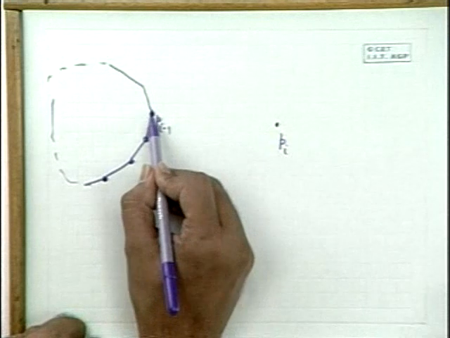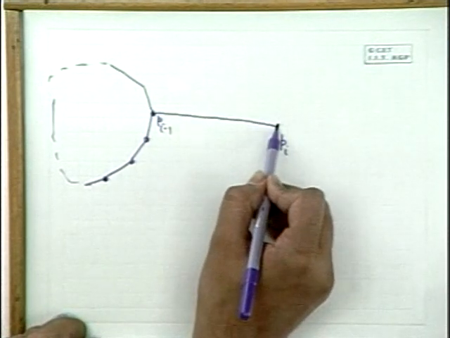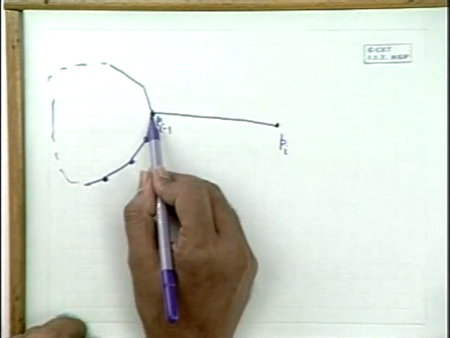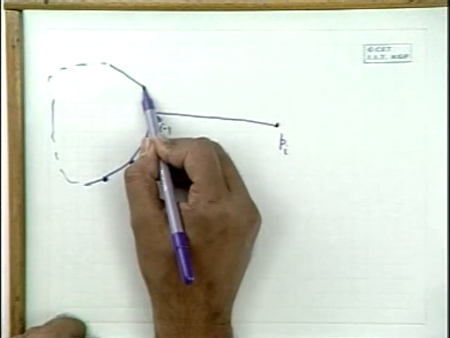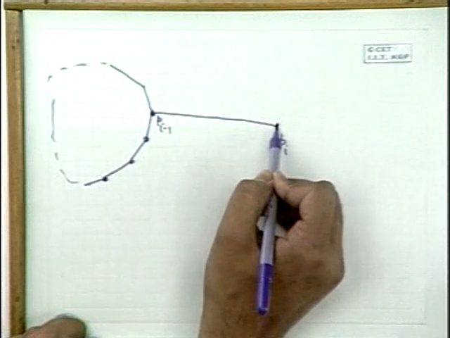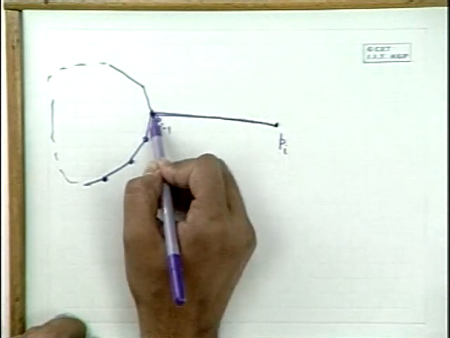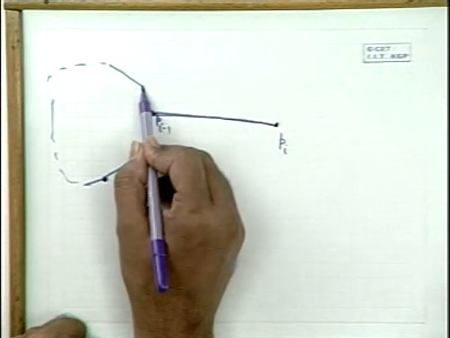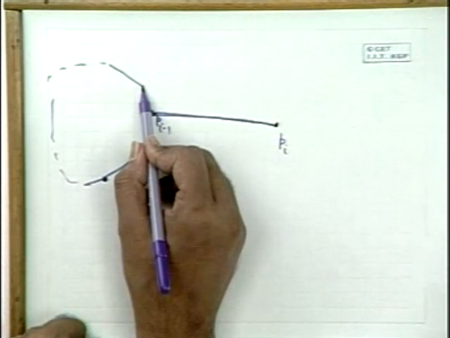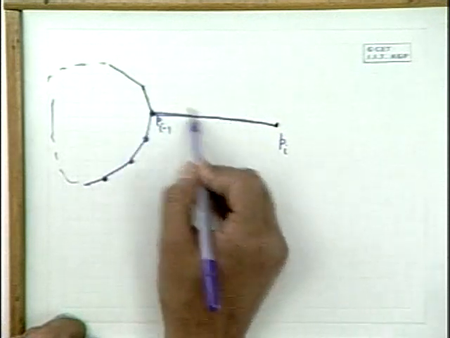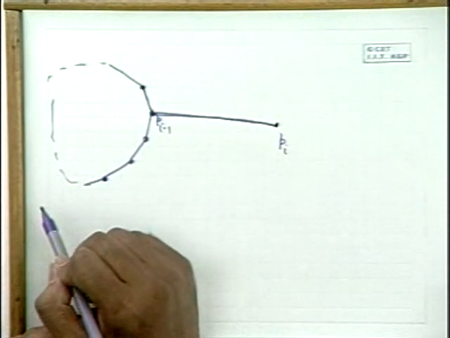So what we do, first we join this line segment. We take this line segment to Pi minus 1. Then we move up. We see whether this edge and this edge make a right turn or a left turn. If it is a right turn, then this cannot be a bridge.